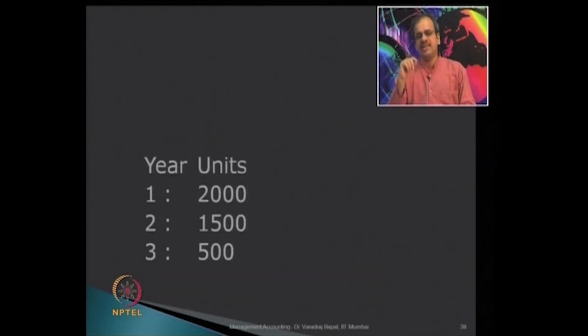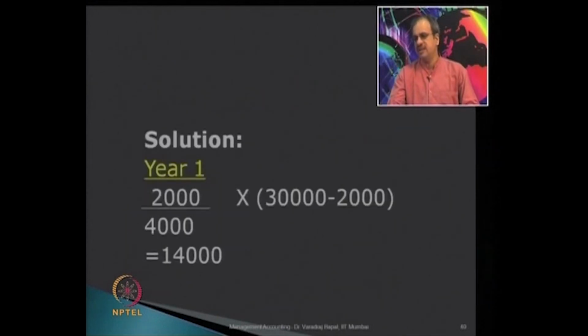Now, we will look at the pattern of production. It is estimated that the highest use, that is 2,000 units, will be produced in year 1, the use will reduce, it will become 1,500 in year 2 and only 500 in year 3. Thus, the depreciation now will also be calculated proportionately. So, it is 14,000 in year 1.